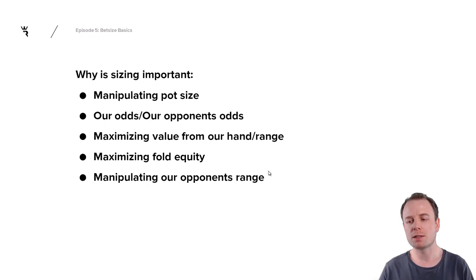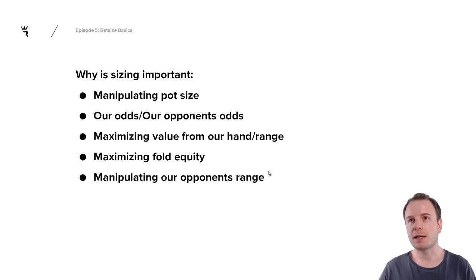Another reason why it's important is we get to manipulate our opponent's range. We're going to go into a lot more detail in an advanced bet sizing video later on in the course in the post-flop section, but just for now, imagine a scenario where your opponent has a pretty wide range and you want to develop a strategy where you keep his range pretty wide and weak.